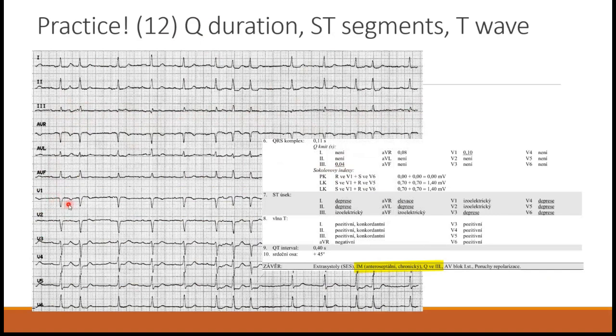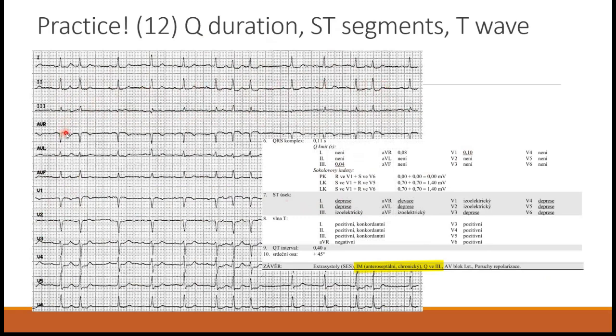And the same thing goes for V1, where this is the QS complex. You take the entire width, and in that case it's 0.1. Then go on to the ST segments, where you can see that there is very clear depressions in lead 1, and then in lead 2 in some areas, for example here, there are very obvious depressions.